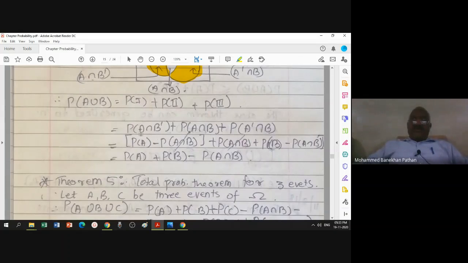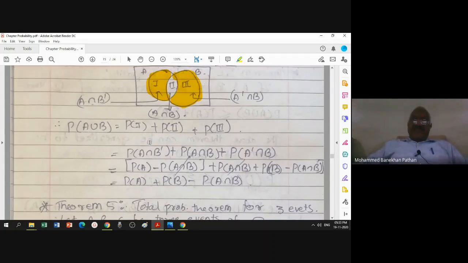Now, probability of A intersection B dash is written as P of A minus P of A common B. That means if I take this entire circle, is it my answer for this?